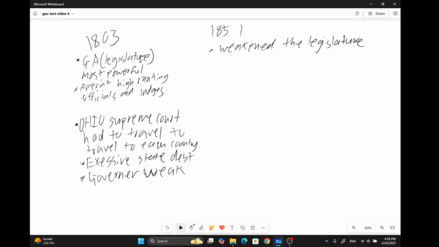Now high-ranking executive officials and judges were directly elected by the people.